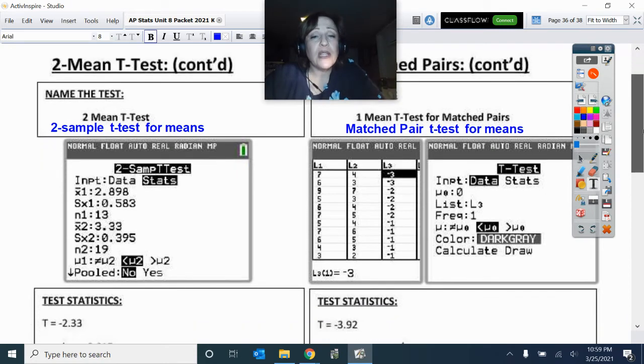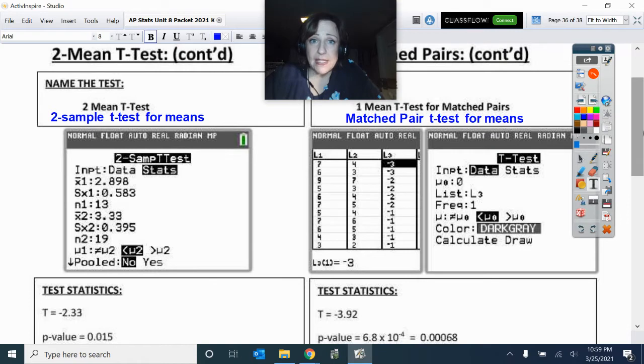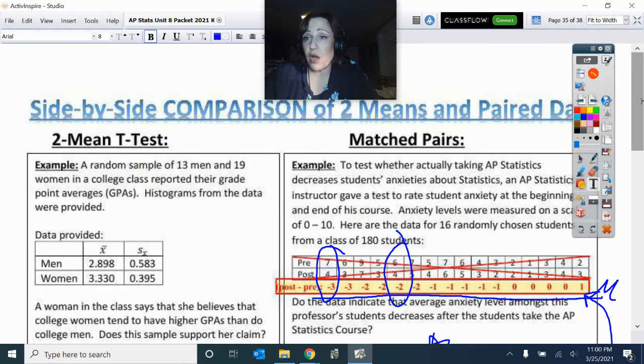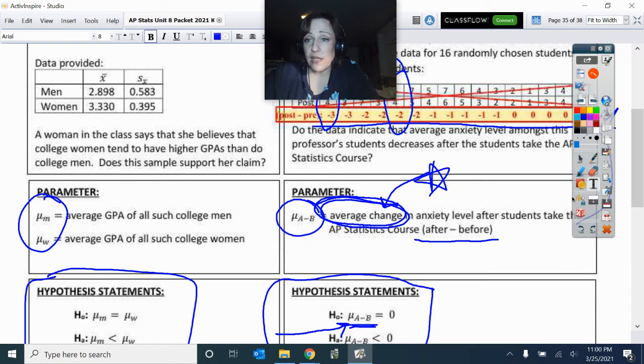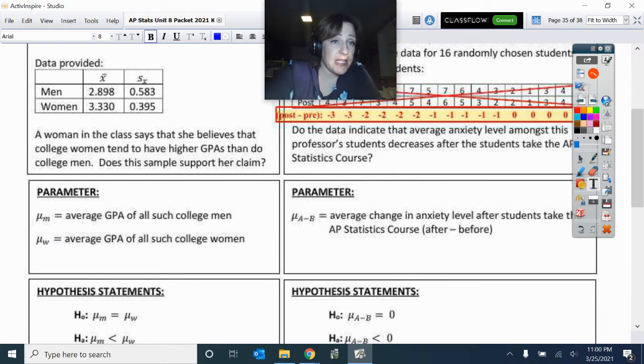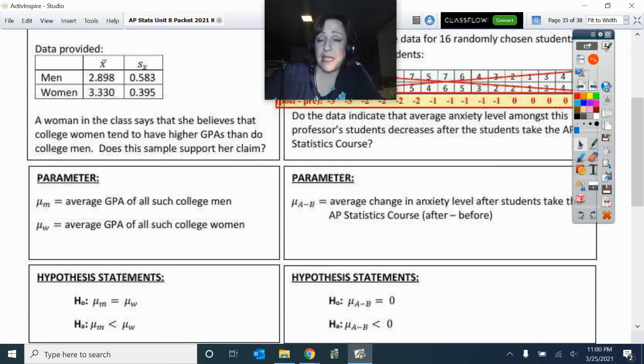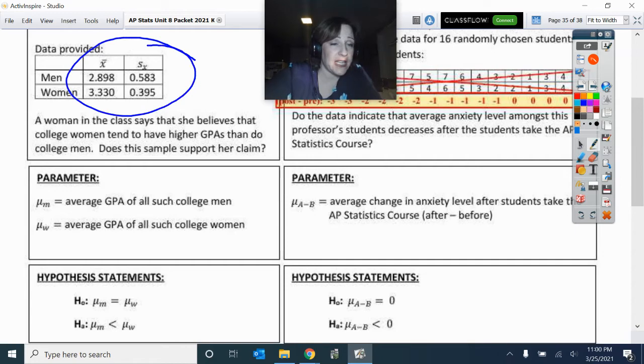Okay. So let's look calculator-wise at how this was different. For this problem, if you remember, we were given the summary statistics. For the men and women problem, we were given the summary statistics of their means and their standard deviations.